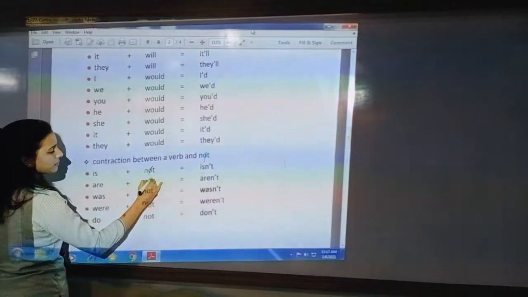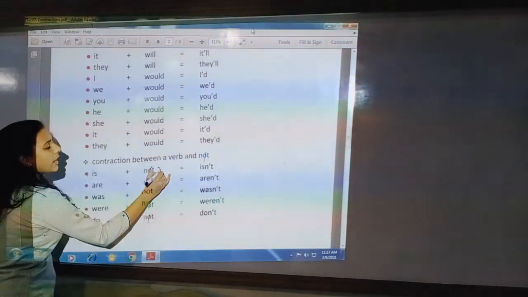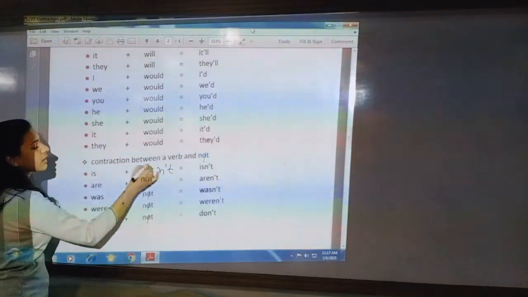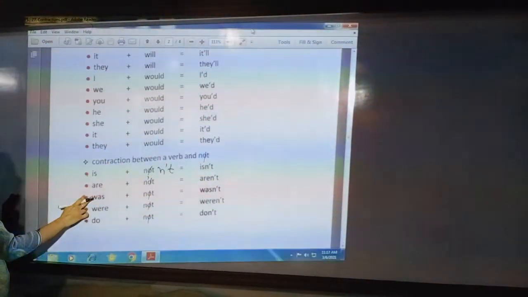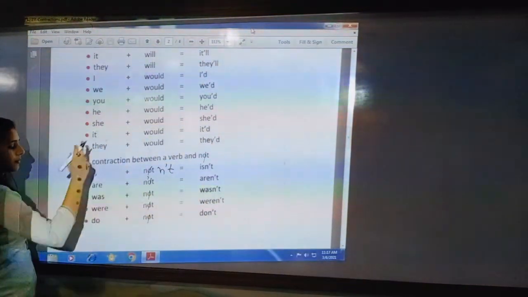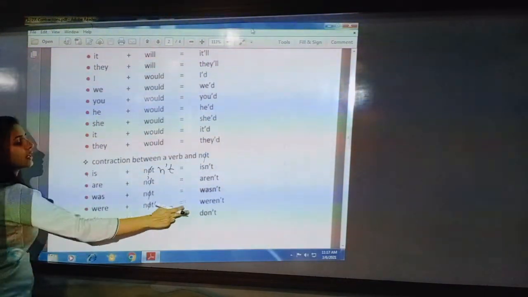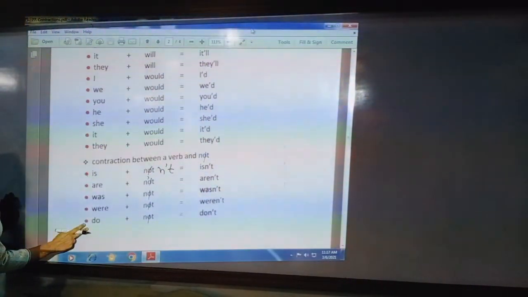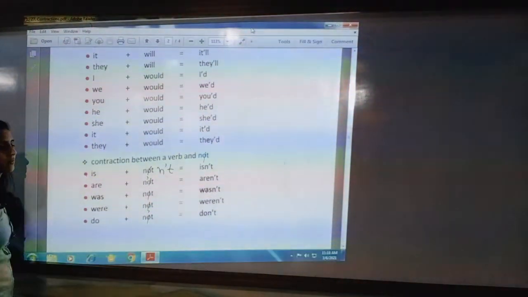So it will become is and apostrophe T, isn't, are and apostrophe T, aren't, was and apostrophe T, wasn't, were and apostrophe T, weren't, do and apostrophe T, don't.